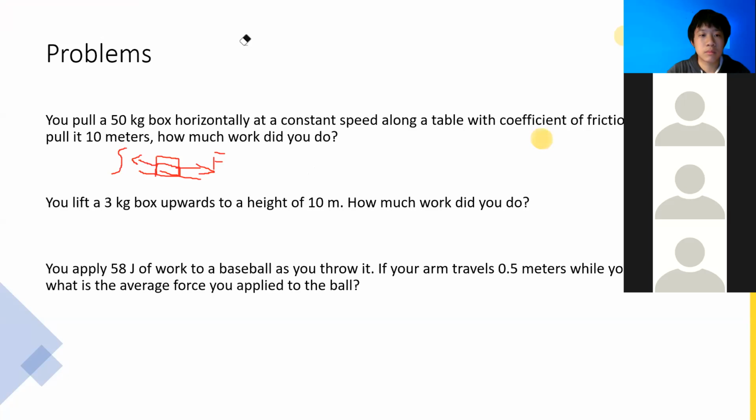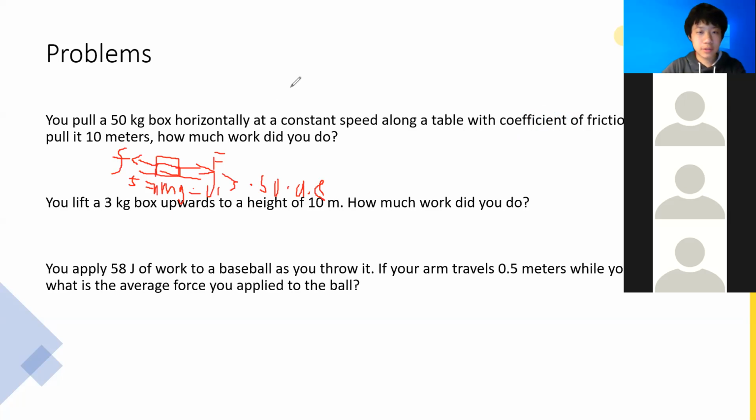But the box is also resisting with the frictional force, and friction is equal to mu times mg, which is 0.3 times 50 times 9.8. So that's the force that you have to pull to make the box move horizontally at a constant speed. And you multiply that by 10 meters, and that's your work. Yep, good job.